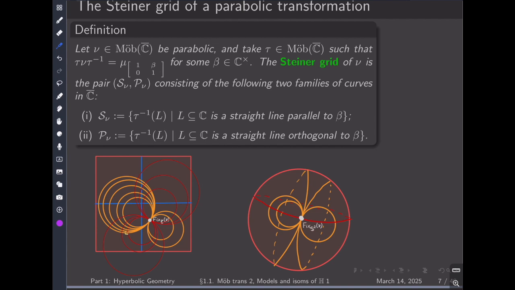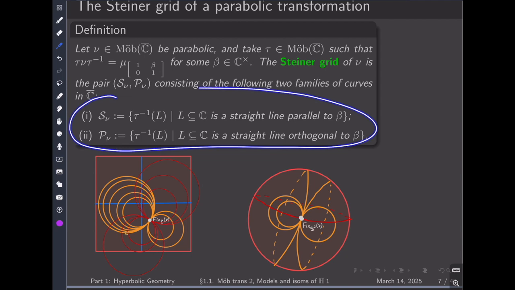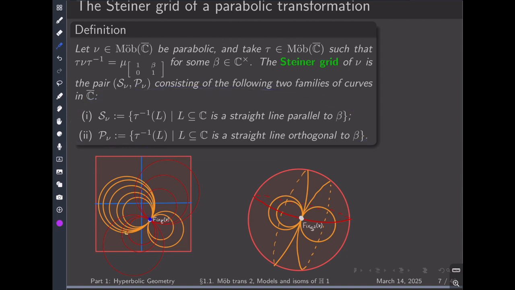And all the circles in one family are orthogonal to all the circles in the other family because tau and tau inverse preserve oriented angles. So everything fits to see that I have two families of circles that are pairwise orthogonal, and each of the families foliates C bar minus the fixed point.